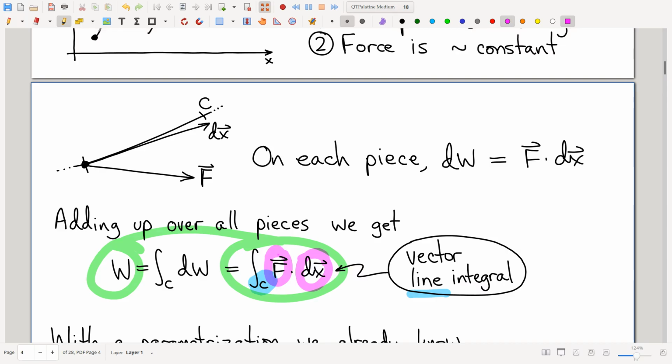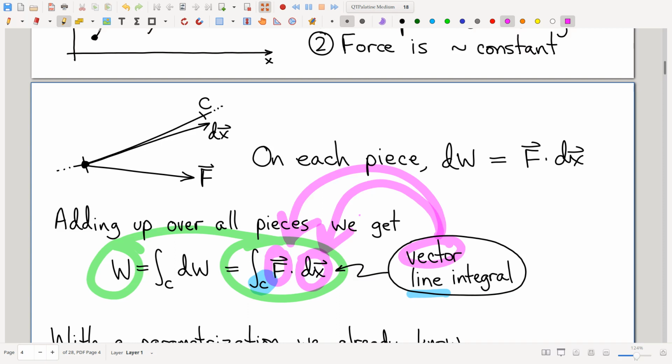First time for us. We've never seen an integral with a vector differential before. That should be unsettling for you a little bit, right? And we'll get to how we actually compute with this. But those being vectors are why we call this now a vector line integral instead of a scalar line integral.